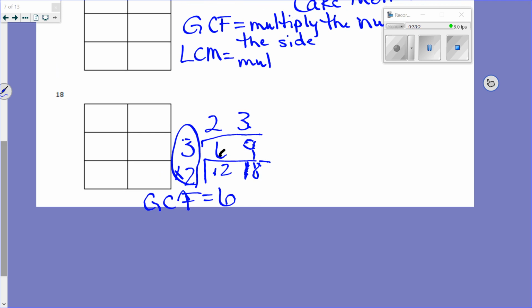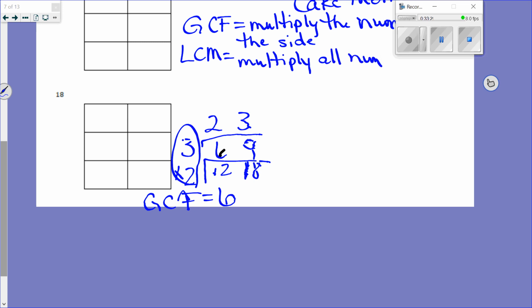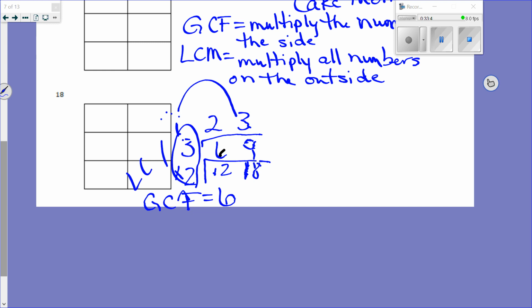For my LCM, least common multiple, multiply all numbers on the outside. So everything on the outside now gets multiplied. So LCM is kind of like this big LCM. I'm multiplying everything on the outside.